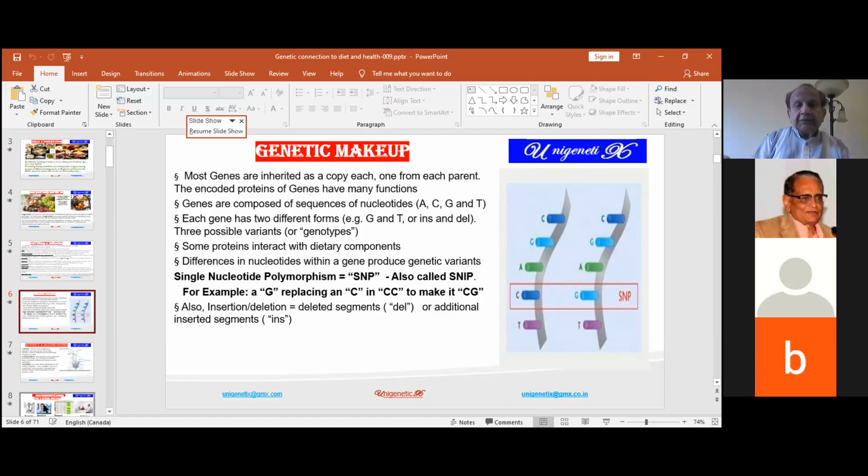Differences in nucleotides within a gene produce genetic variants. So single nucleotide polymorphism is equal to SNP. For example, a G replacing a C in CC to make it CG. Also, insertion and deletion of segments.